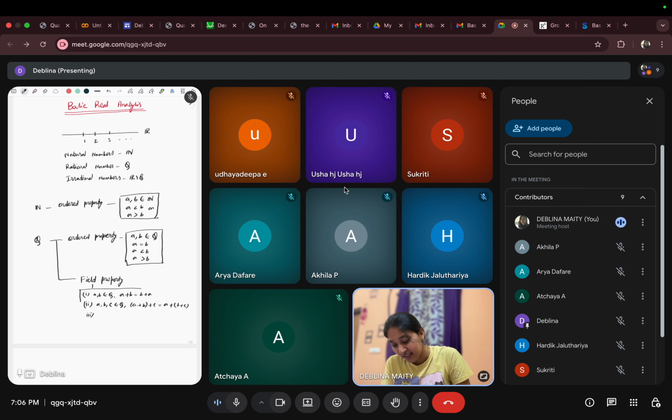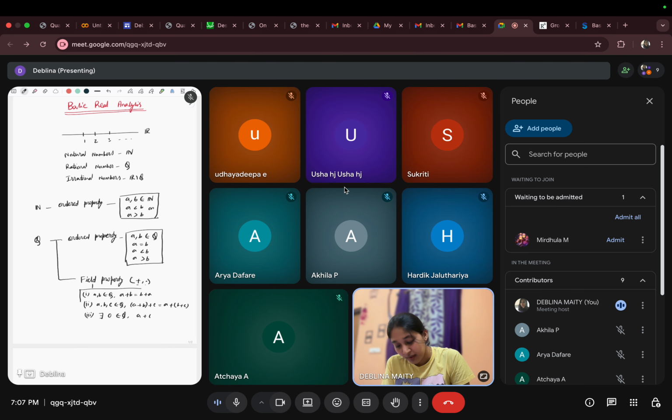And the third one is that field means there are two operations, plus and dot. So there are 9 properties: the first 4 considering plus, the second 4 considering multiplication dot, and the last property which connects these two. The third one is that there is a unique 0 in Q such that a plus 0 equals a for any a.